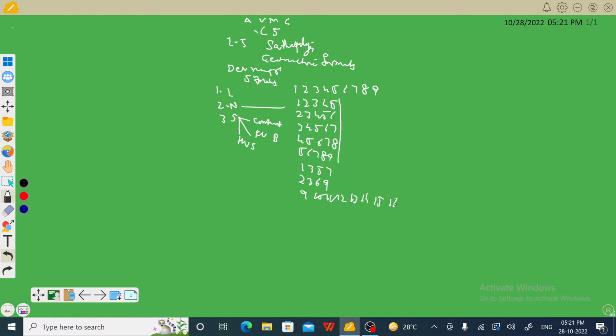So this is a Devanagari alphabet. Only that it is in a numbers form.